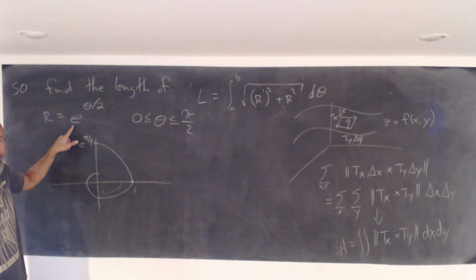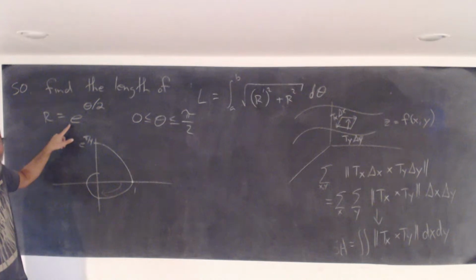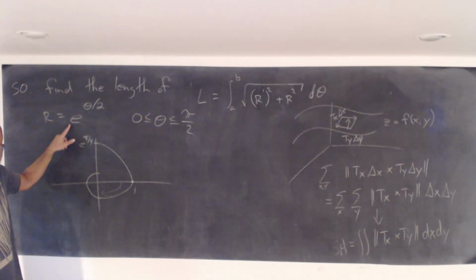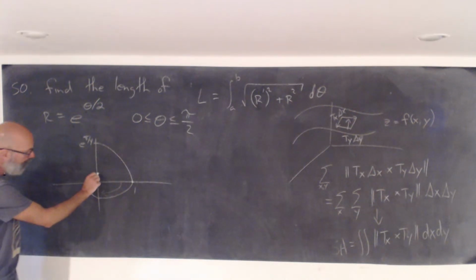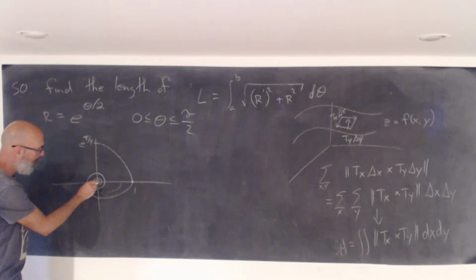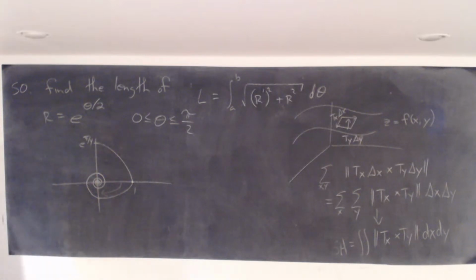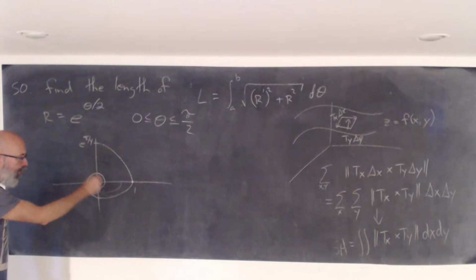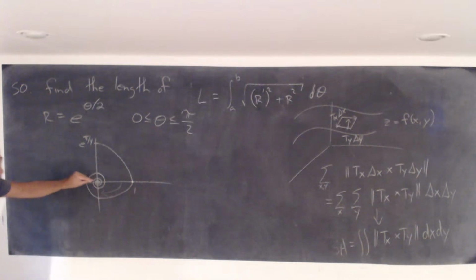As theta goes to negative infinity, the whole thing is going towards 0. So it's spinning over and over again, getting closer and closer to the origin forever.